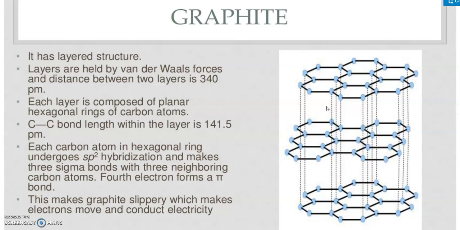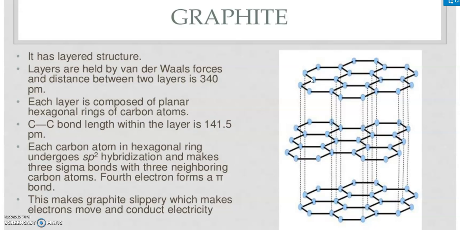Each layer has planar hexagonal rings of carbons. Here you can see the planar hexagonal ring. Within the layer, the C-C bond length is 141.5 picometer.